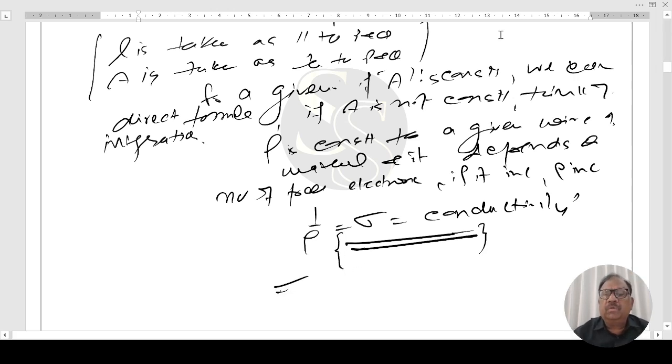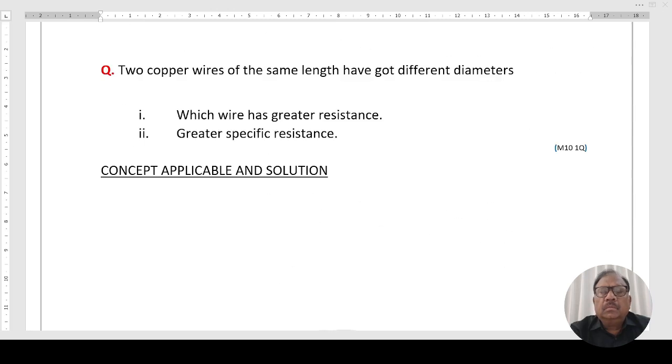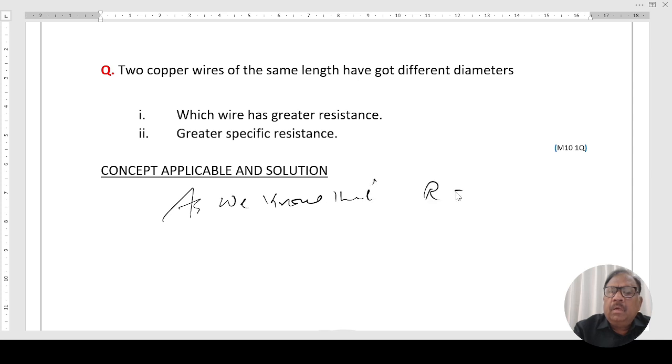Now let's start with the question. Two copper wires of the same length have got different diameters. Which wire has greater resistance and which has greater specific resistance? As we know, R equal to rho L upon A, length upon area.